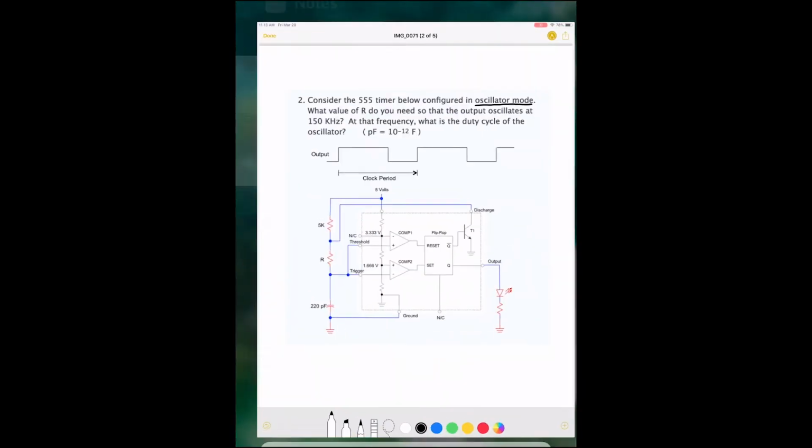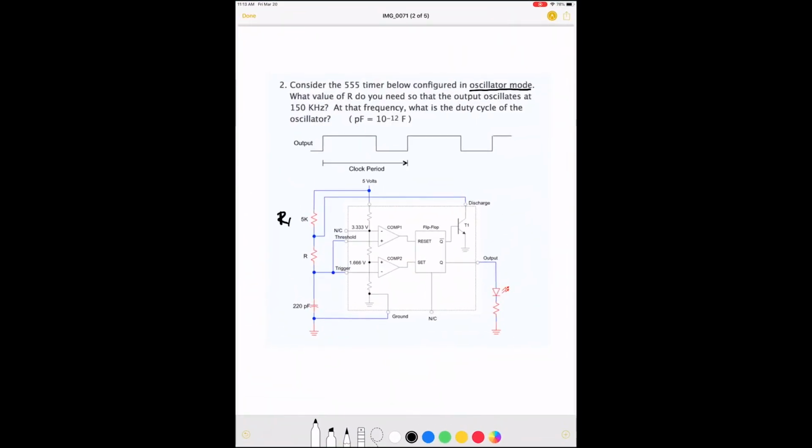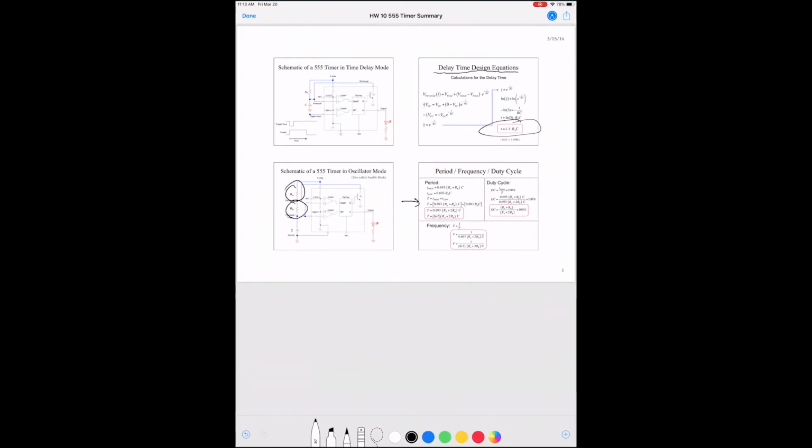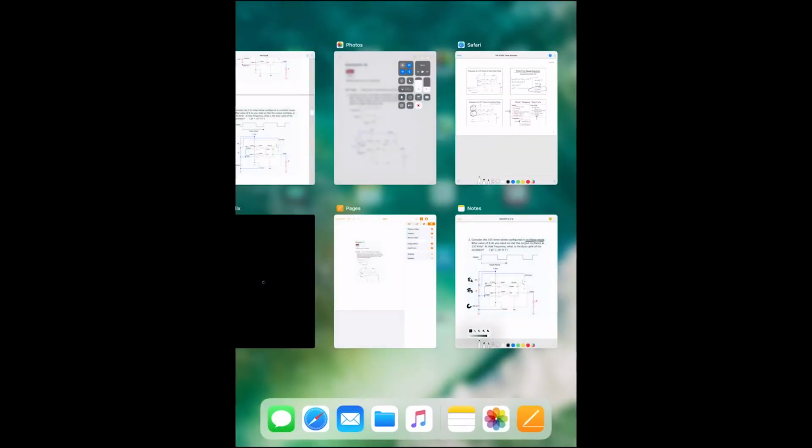In our problem, this one will be RA, and this one will be RB in all of our equations, as well as the capacitor will be C. So if we look here, we'll notice that the equations that will be most useful to us are the frequency equation here, as well as the duty cycle equation there. And so I'll go back to the notes and write those down for us.